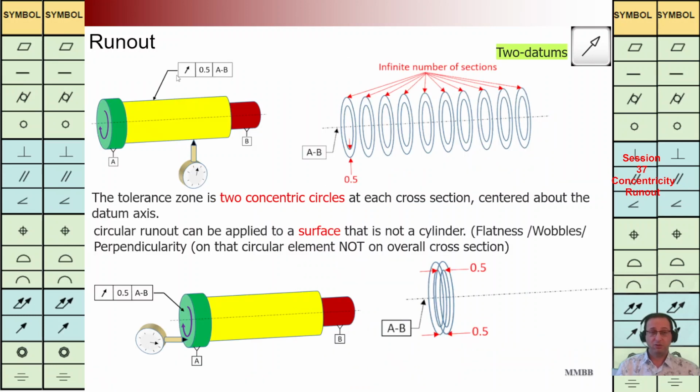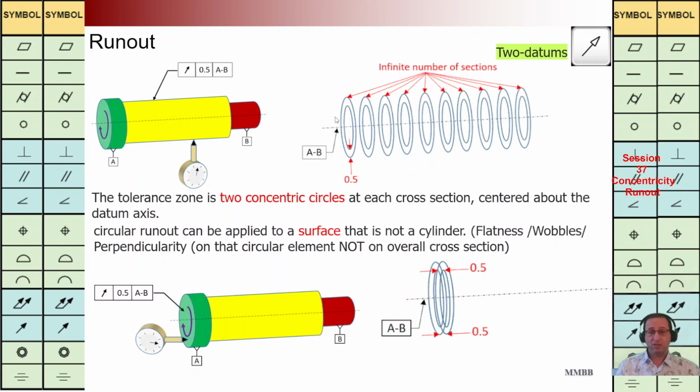Let's see this example. We are going to use this runout TZ 0.5 back to AB. As we can see, the length of this cylinder is short and the length of this cylinder is short, but the distance between these two A and B references is long enough. That's why it is good, we can rotate this component around AB axis.